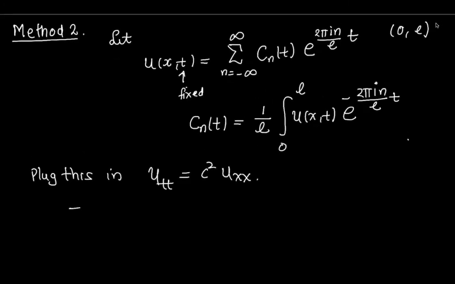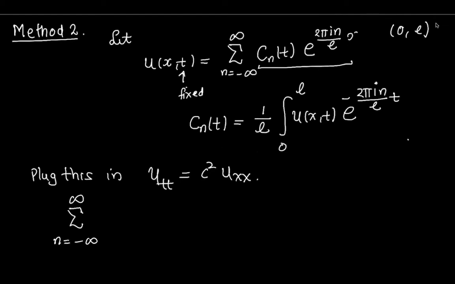So if I plug that in here, n varies from minus infinity to infinity, and I take the second derivative of this function. I'm going to differentiate under the integral sign. There is a typo here, this is x, not t.